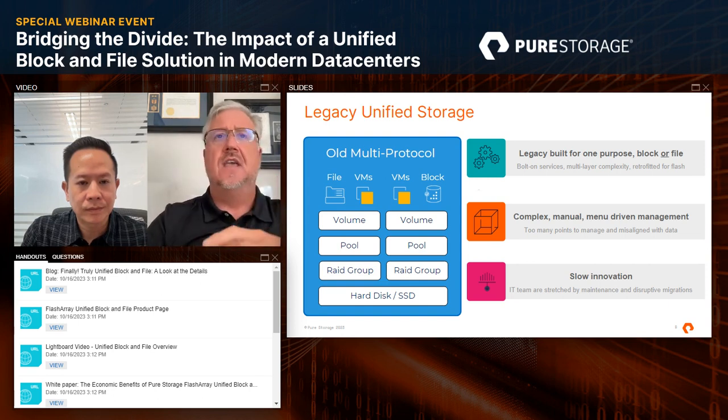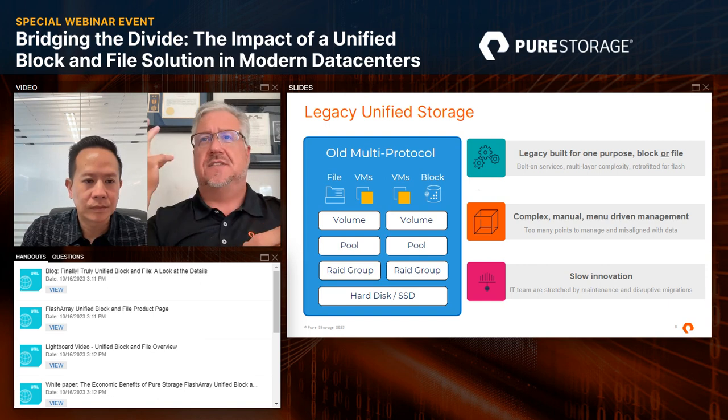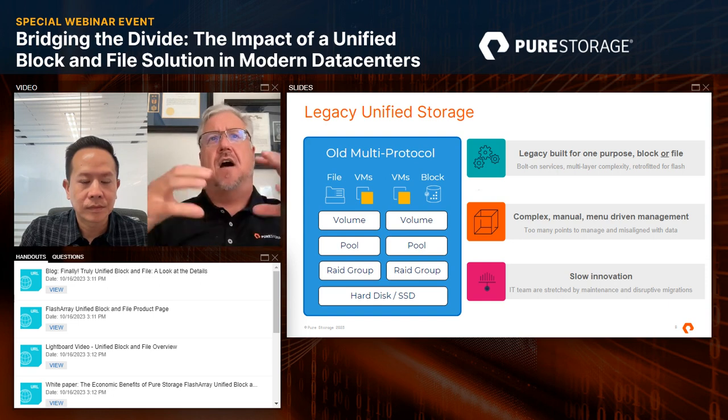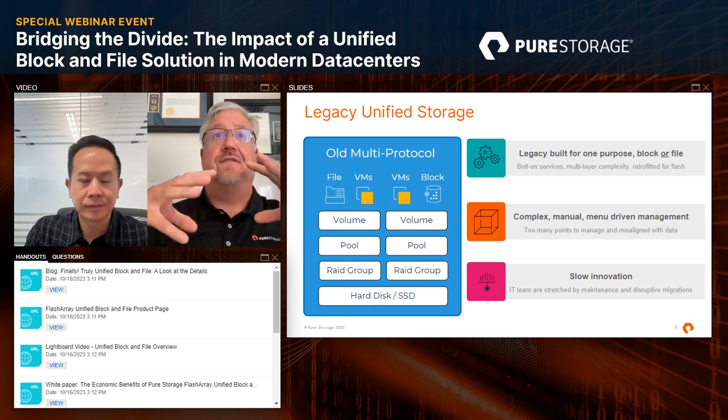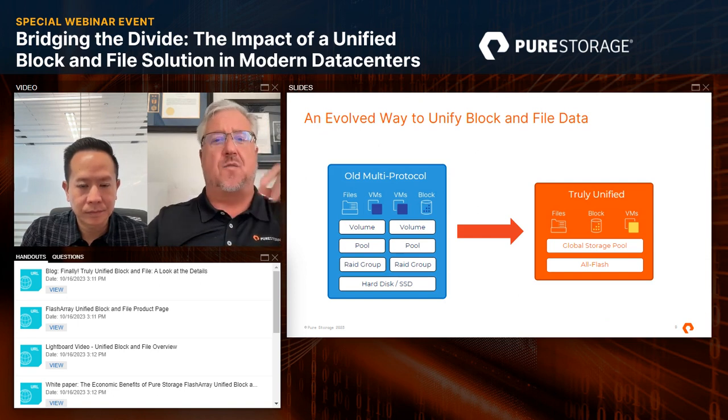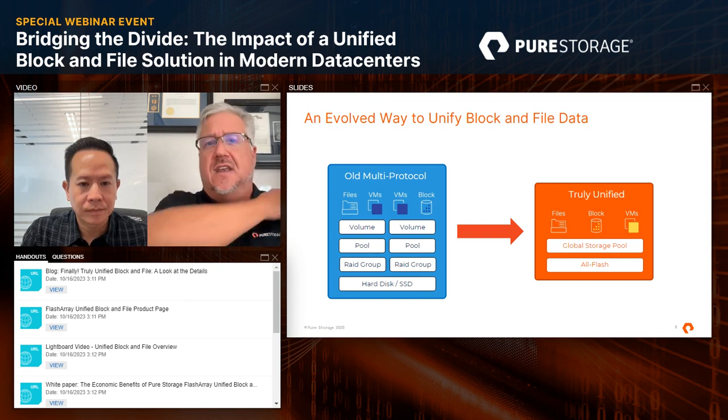And even then, you don't have an architecture with legacy thinking that allows the file side of the house to work with the block side of the house on the same set of underlying physical storage pieces themselves. And that's where we're a lot different with Pure, that we announced unified storage back in April.